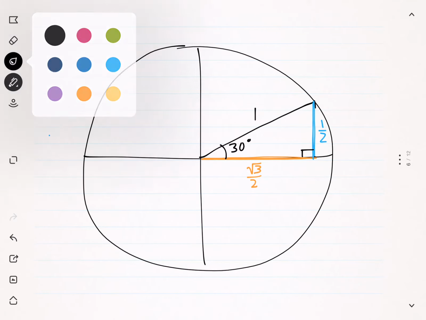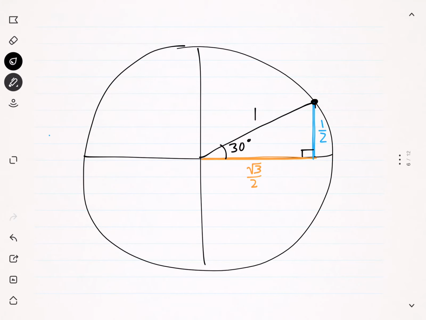So that means this coordinate right here on the unit circle is going to have an x value of root 3 over 2 and a y value of 1/2. Now, all 30-degree reference angles, as we call them, are going to have very similar coordinates, but their signs will change based on which quadrant we're in.